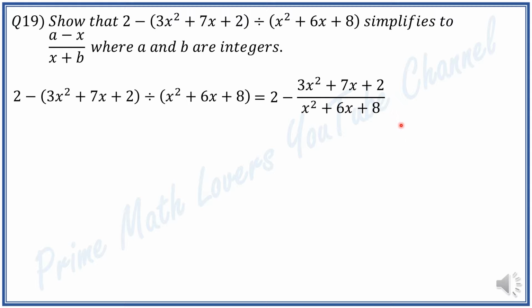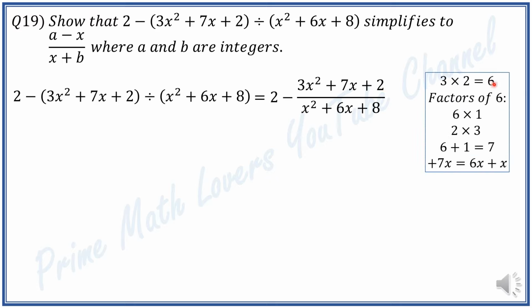Now we need to simplify the numerator and denominator of this fraction. First, the numerator. We multiply the coefficient of x squared, which is 3, with the constant term, which is 2, and we get 6. Then we write down all the factors of 6.